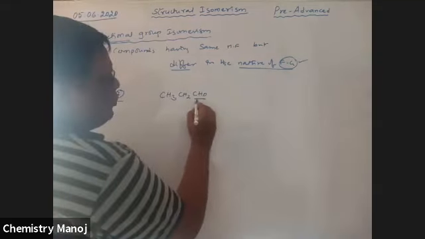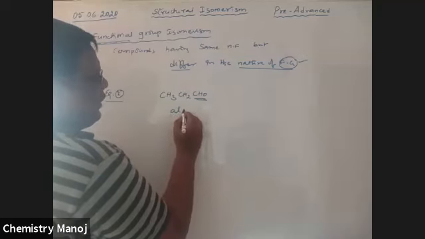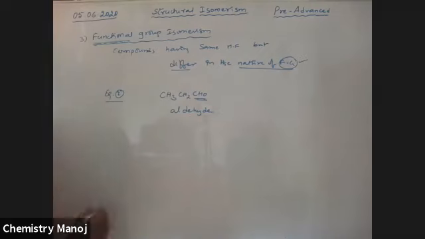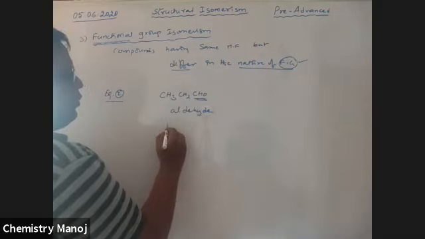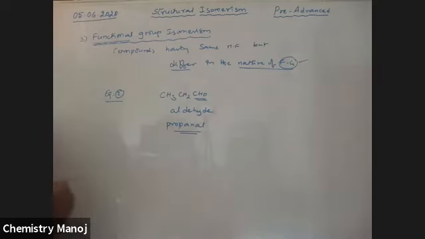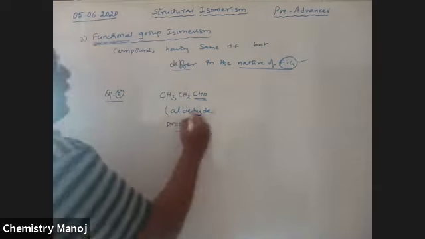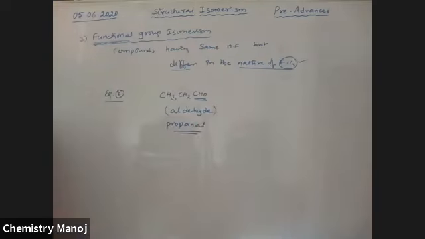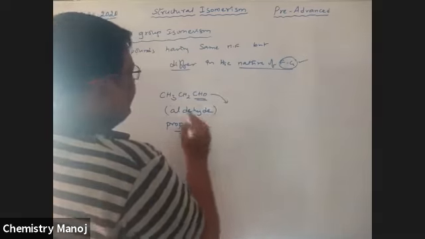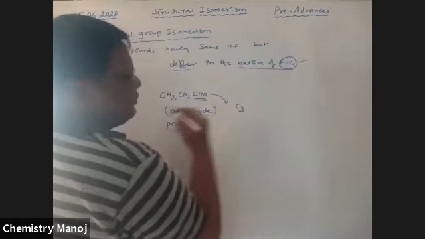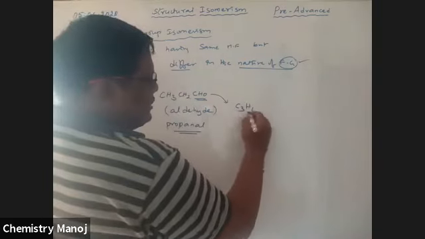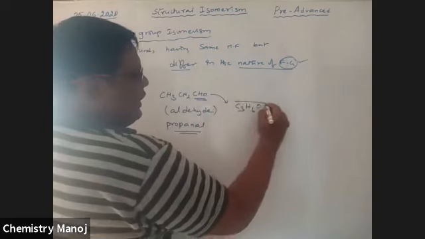It is a CHO group, the aldehyde class. The name of this compound is propanal. It is an aldehyde class of compound. Its molecular formula: 3 carbons, hydrogens 3, 2, 1, total 6 hydrogens, only 1 oxygen.